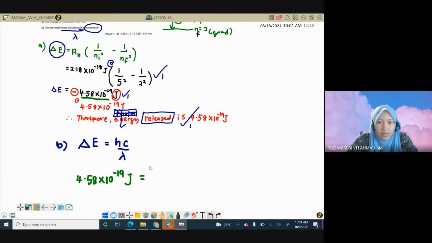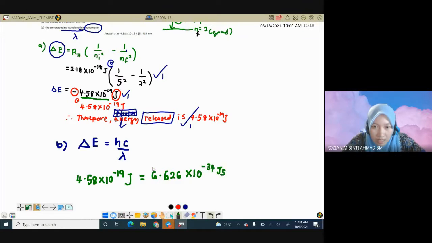Okay, so we substitute the Planck constant equal to 6.626 times 10 to the power of negative 34 joule second.